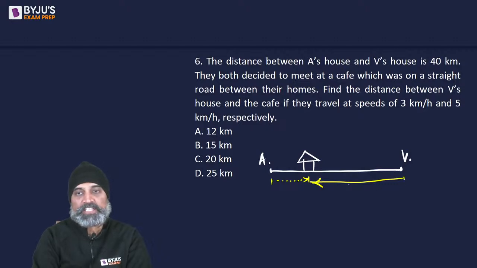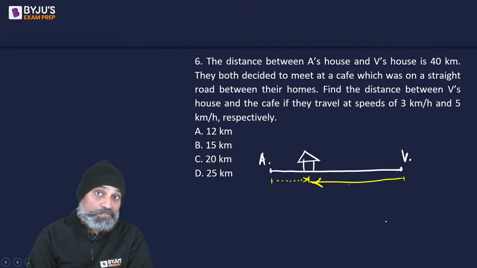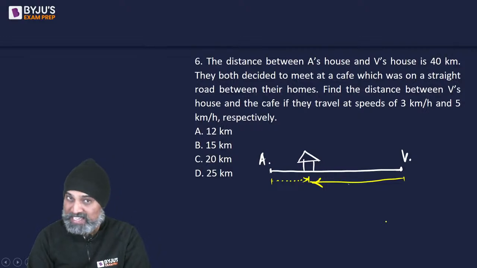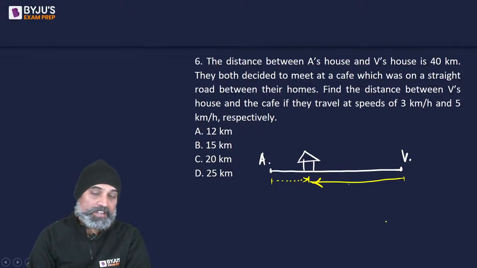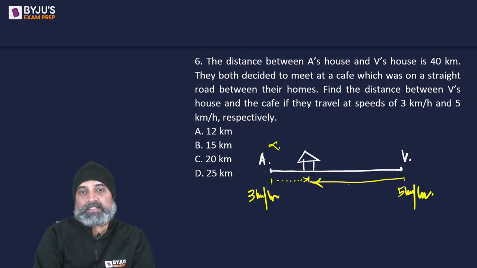So if you pay attention, the time taken by A to start from his home and reach the cafe is the same time V takes to start from his home and reach the cafe. So time is constant. So when the time is constant, we say that the distance and speed are directly proportional.